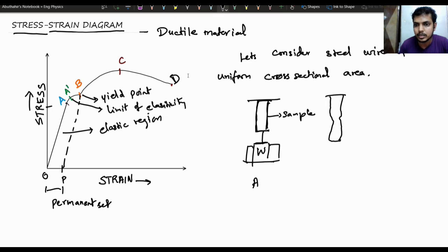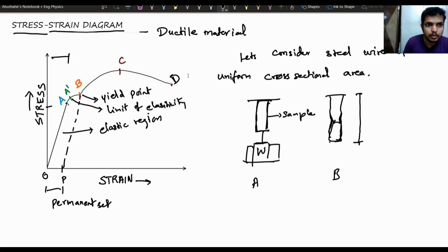The cross sectional area of the material will be reduced. Whatever extension it has taken, it will not come back. The increased length will not reduce after B. That point is the yield point, where the material will not get back to its original place.